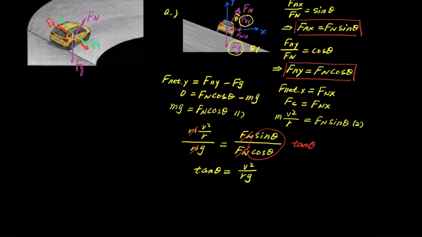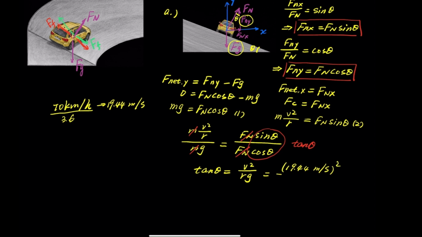Now let's plug in the values and solve for theta. We need to start by converting the speed of 70 km per hour into meters per second. We do that by dividing by 3.6, which works out to approximately 19.44 meters per second. Then we have v squared over r, where r is the radius, 180 meters, and g is 9.8 meters per second squared.